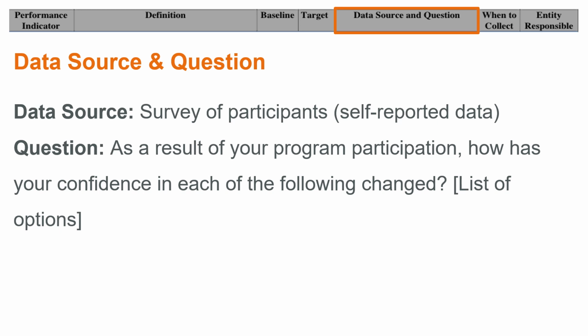For example, your data source might be a survey of participants, so self-reported data, and your question might be, as a result of your program participation, how has your confidence in each of the following changed? And then maybe there's a list of options that survey respondents can choose from.